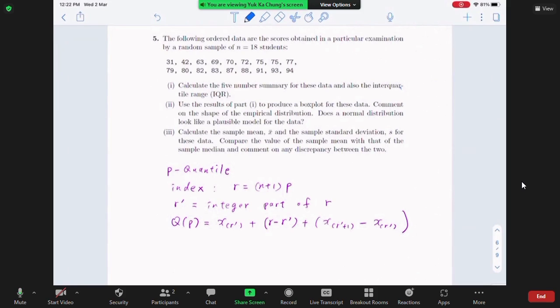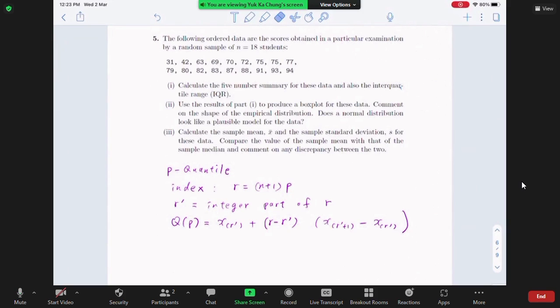We need to first compute an index, R equal to the sample size plus 1 multiplied by P. Then you take the integer part of R, because this R can be an integer or not an integer. So if it is not an integer, we need to take the integer part of R. So we locate the data in the sorted data set with the rank equal to the integer part of R. And then we add the fraction, there's no plus sign here.